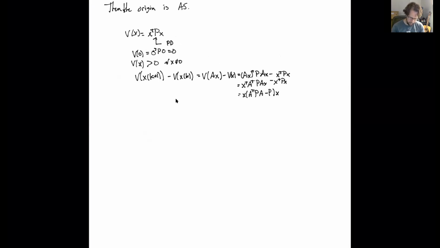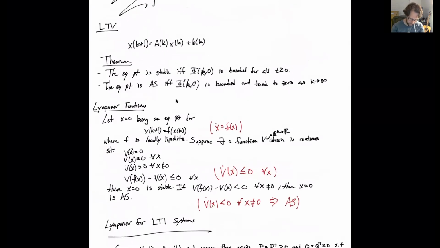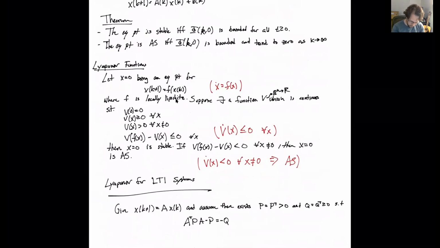Now remember our assumption, right? Let's go back. We assumed this guy down here, that A transpose P A minus P is equal to negative Q, where Q is positive semi-definite.